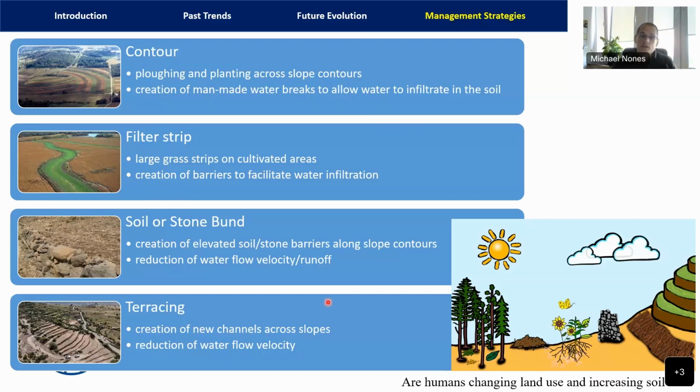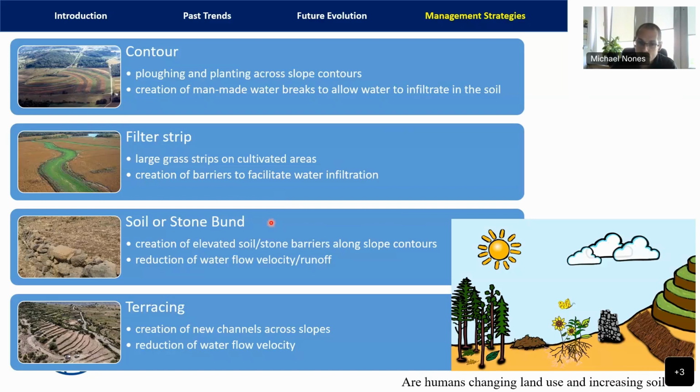There's also the possibility of creating filter strips, which are large grass strips created on cultivated areas. They act more or less like contours, so those are kind of barriers that facilitate the water infiltration. And then there is the opportunity to create soil or stone mounds.